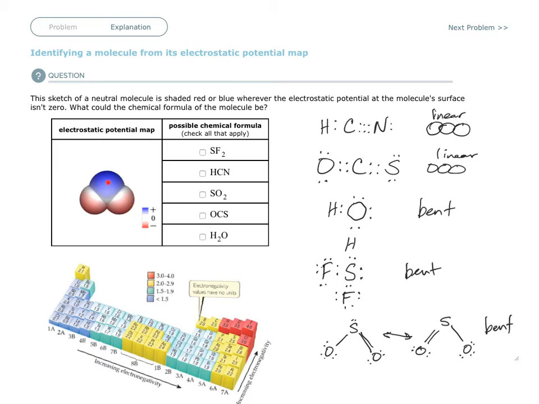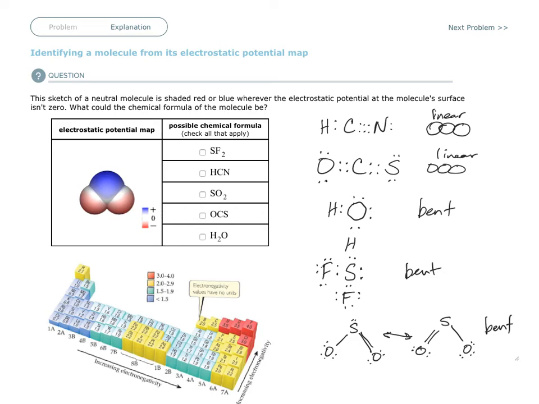In this case, this is oxygen, and oxygen has very, very high electronegativity. The hydrogen has a low electronegativity, so it's not going to steal the electron. This is backwards. If you were drawing a water molecule, the hydrogens would be blue and the oxygen would be red. So if blue is positive, this one cannot be. So water cannot be.